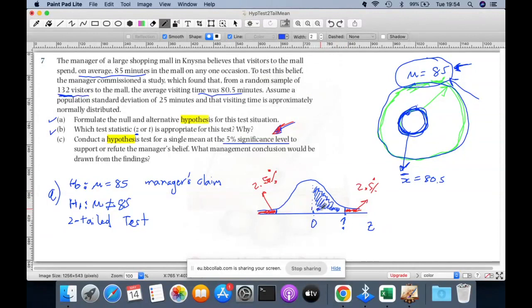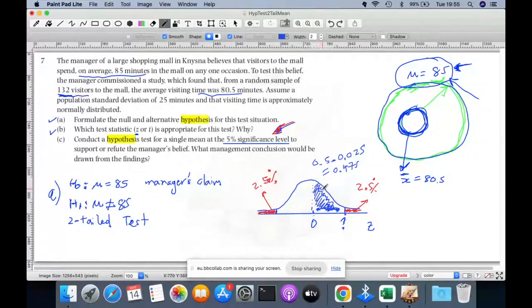And that's pretty simple because this blue area is simply 0.5, remember half the area is 50%, so it's 0.5, take away this red area of 2.5%, so it's 0.025, and that works out to be 0.475, I believe, 0.475.